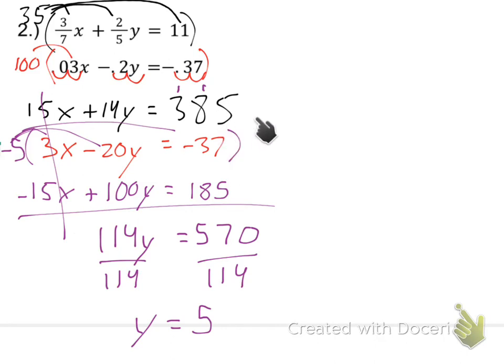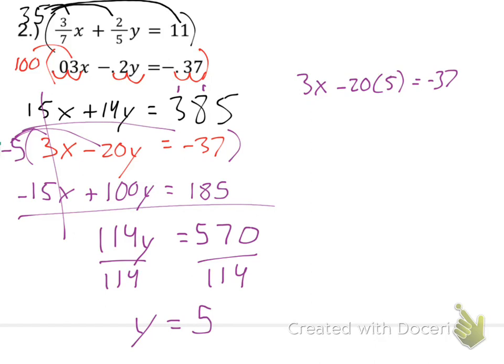Choose which equation you want to use here. Which one? I prefer the bottom here because 3, negative 20, and negative 37 are smaller than 15, 14, and 385. It does not matter. So 15x, nope, sorry, wrong equation, reading it wrong. 3x minus 20 times 5 equals negative 37.